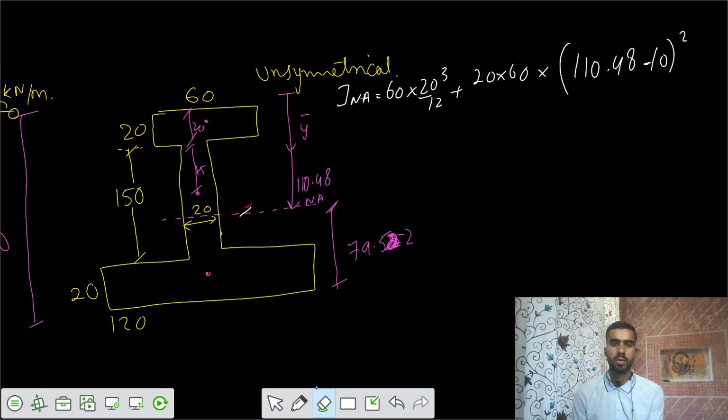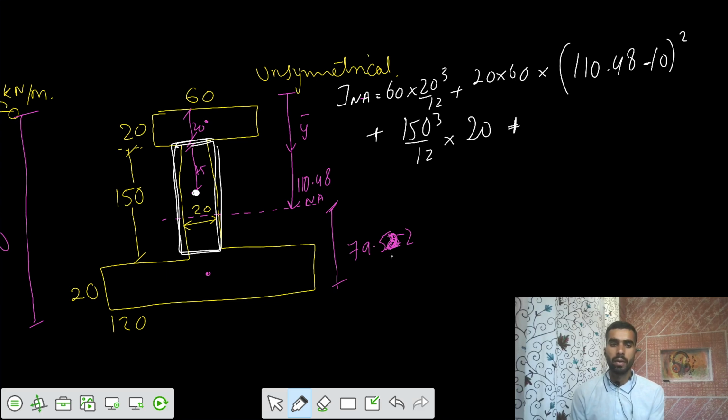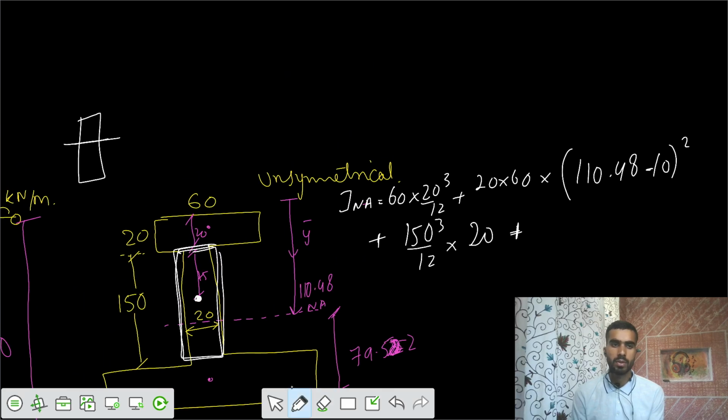So now for the next part, let's say that this is a rectangle. What is the I_NA about that? It's about its own centroidal axis for this rectangle. That equals to bd cube by 12. So that is bd cube by 12 plus, and we have this rectangle, its centroid is at, so from the top, let's say this was your top, that this was your 60.